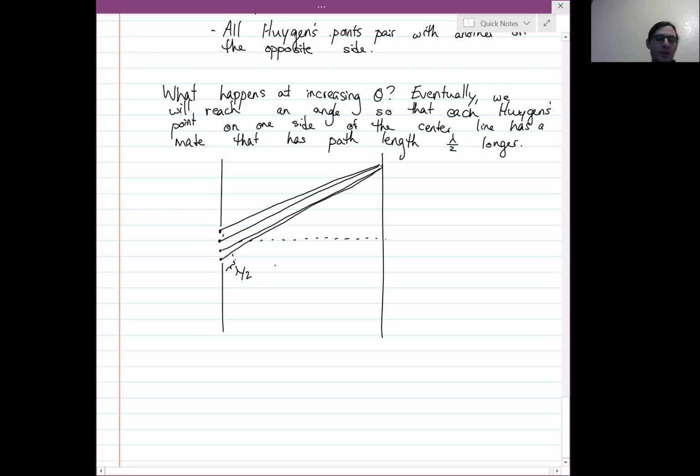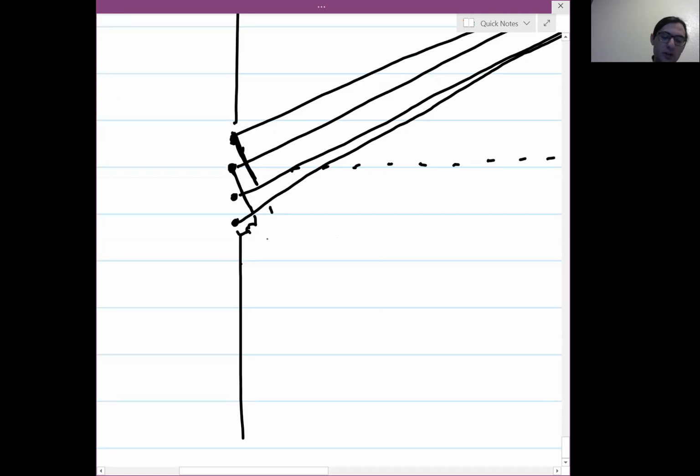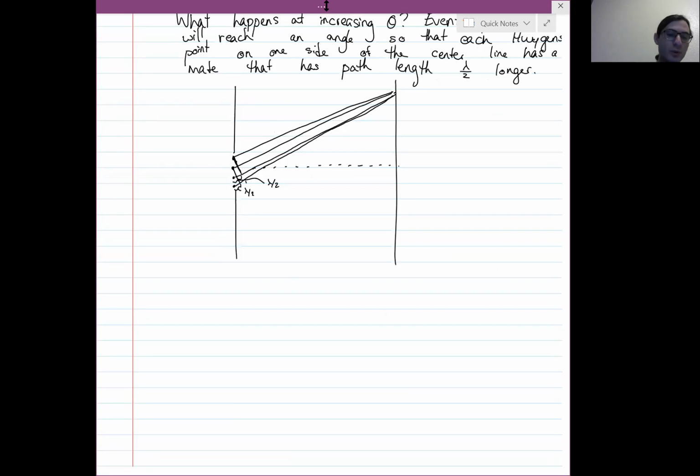So basically, the reason why the explanation's still the same here is that I didn't actually argue anything about the shape yet. Because all I'm saying is if this path length, and now I have to zoom in to make it really small, if this path length is lambda over 2, and this path length is also lambda over 2, then we would get destructive interference between those points.